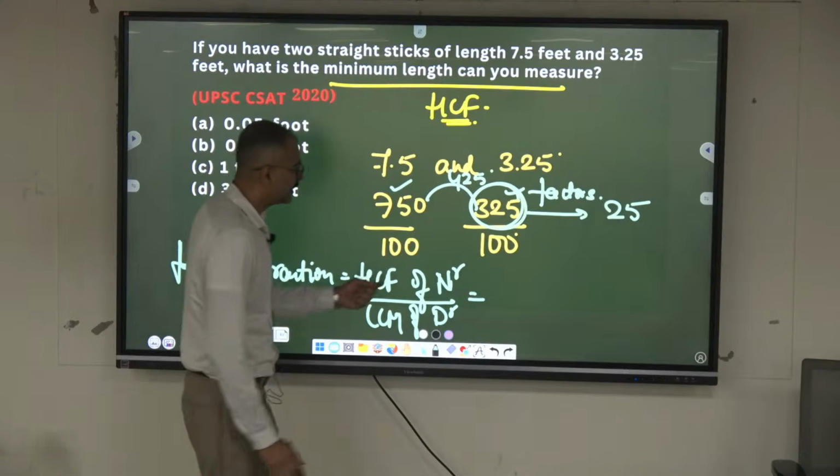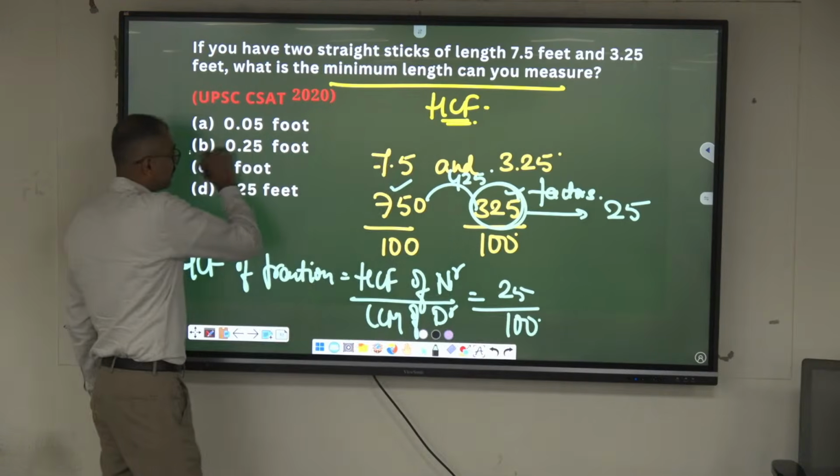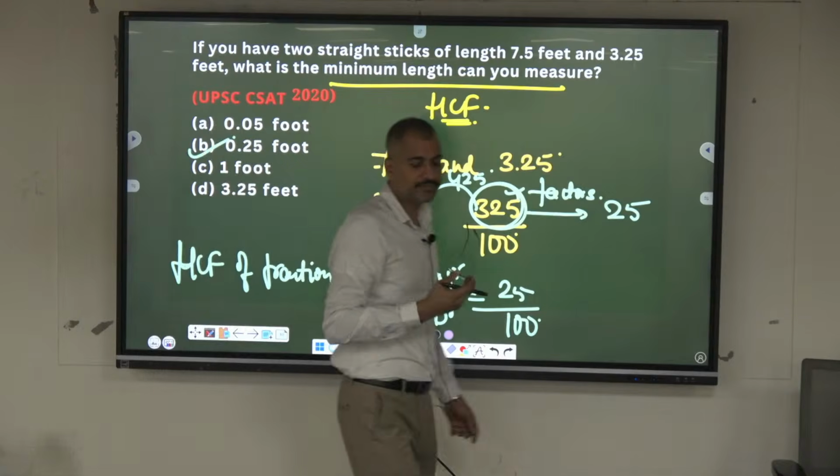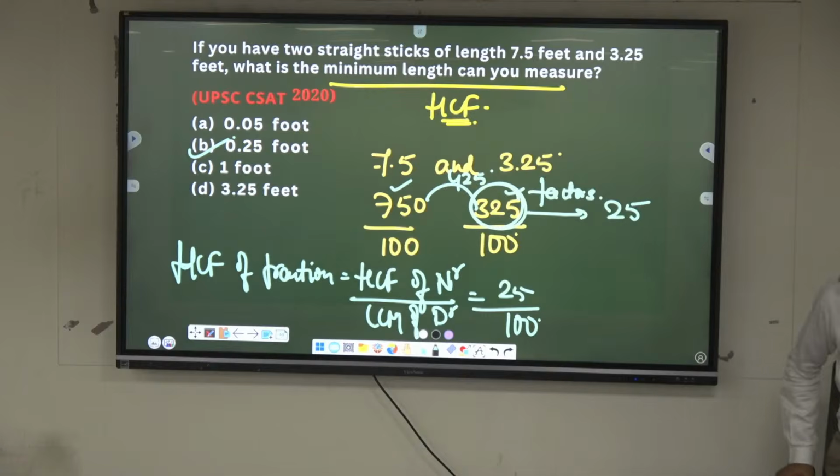So HCF of the numerator is 25 divided by LCM of the denominator. So what is the answer? LCM of the denominator 100, 100, 100. So 25 by 100. Okay, remember here, very important thing.